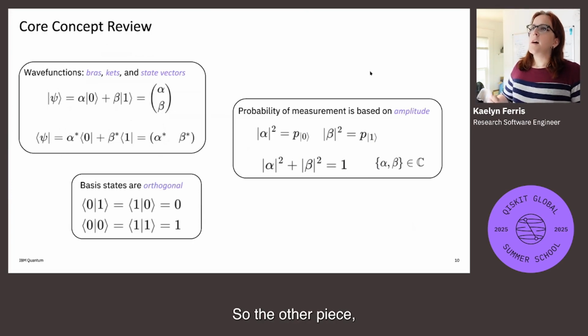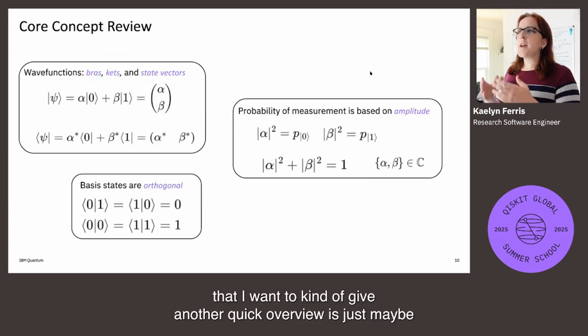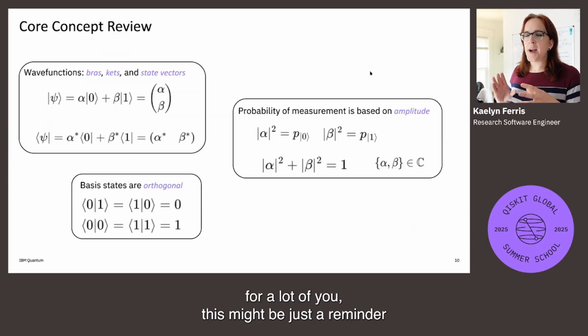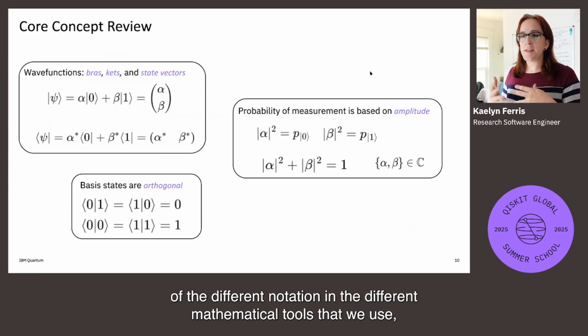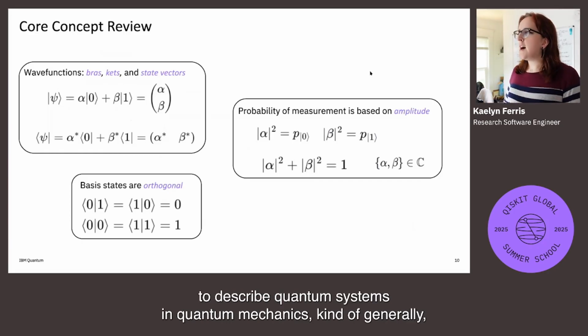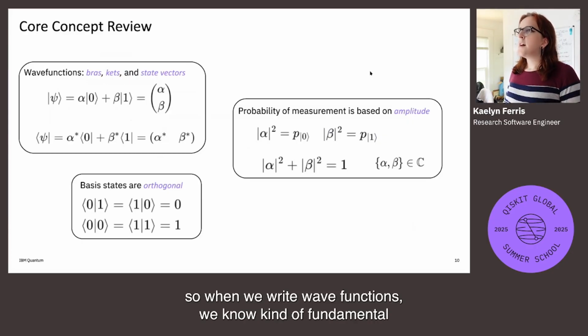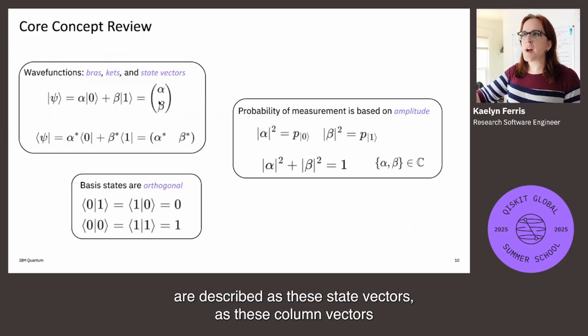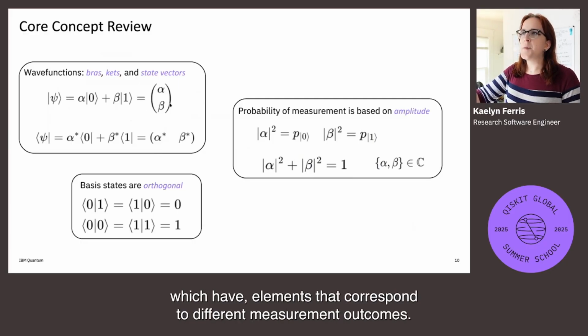Okay, the other piece I want to give a quick overview of, which for a lot of you might just be a reminder, is the different notation and mathematical tools we use to describe quantum systems and quantum mechanics generally. When we write wave functions, most of the time, especially in quantum computing, they are described as state vectors, as column vectors, which have elements that correspond to different measurement outcomes.